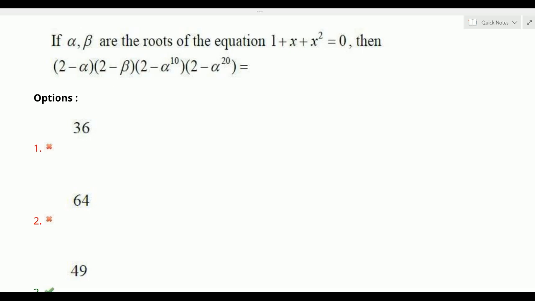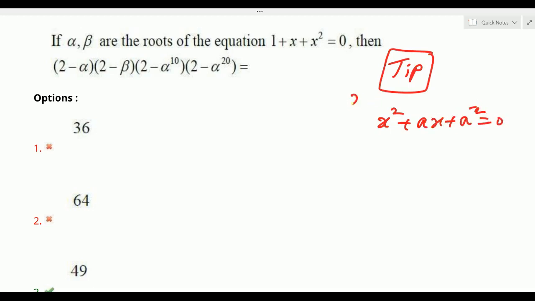Here I am giving the super tip. What is this tip? If the quadratic equation is in the form x square plus ax plus a square equals 0, the roots of this equation are a omega and a omega square.